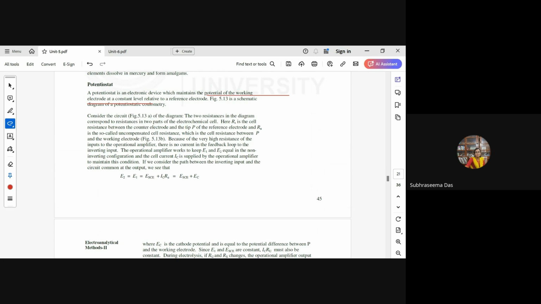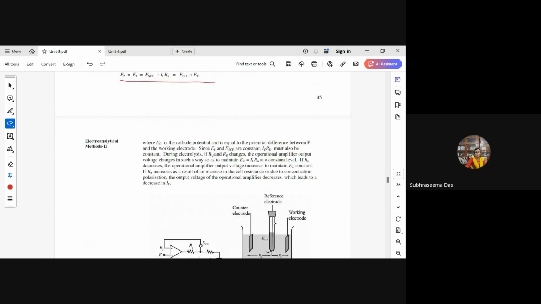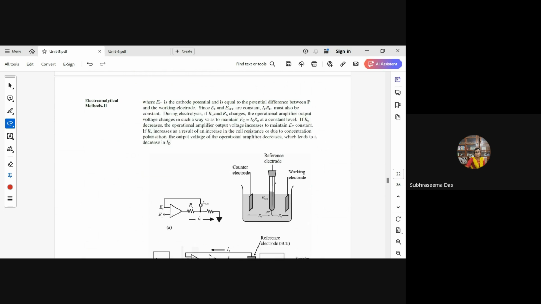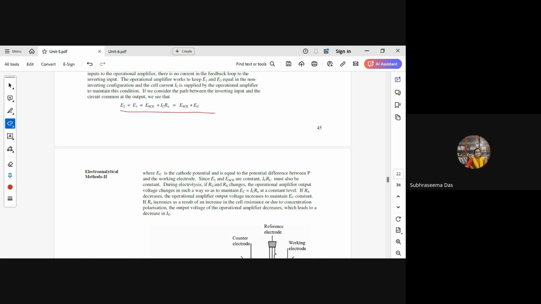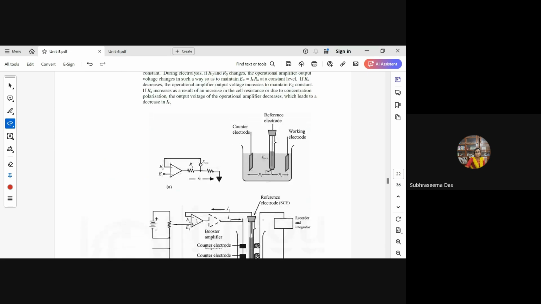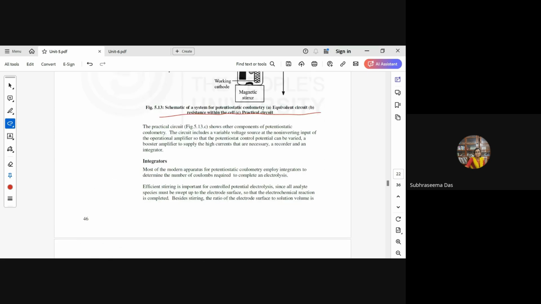When we consider the two resistances in the diagram of the electrochemical cell, the path between the inverting input and the circuit common at the output, we find that E2 is equal to E_SCE plus E_C, where E_C is the cathode potential, the potential difference between the working electrode and the SCE. In most modern apparatus for potentiostatic coulometry, the practical circuit employs integrators to determine the number of coulombs required to complete an electrolysis.